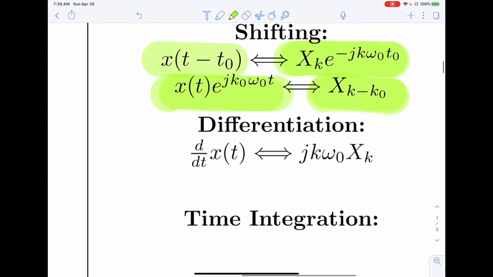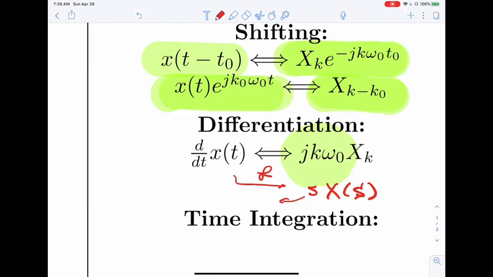Differentiation, maybe I would just make a comment about this. Think about what differentiation would do if I took that through a Laplace transform. I'd get s times X of s. I'd get my transform times the frequency variable s. For Fourier, it's the same idea. It's just, what is my frequency variable? My frequency variable is jk omega naught. And actually, that should make some sense too. Where do sinusoids live in the s-plane?